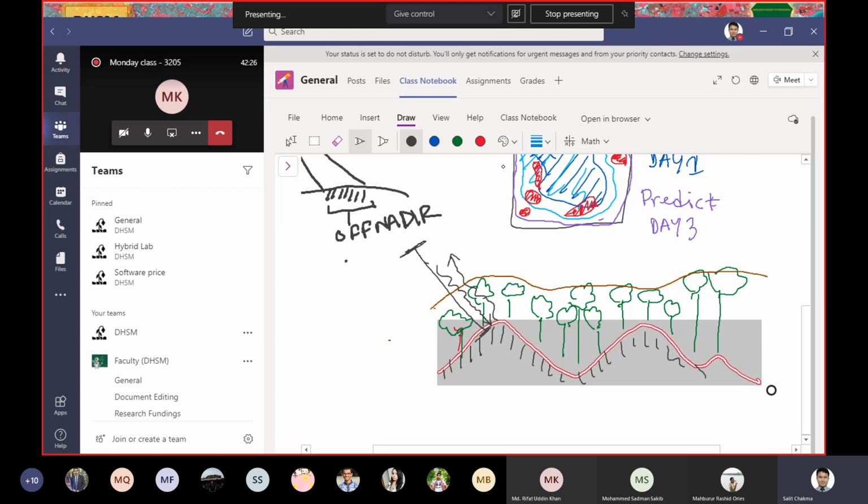If you have a forest dense like that, then the SAR signal cannot penetrate the vegetation because it is too dense for the microwave to penetrate. They cannot go beyond the vegetation.